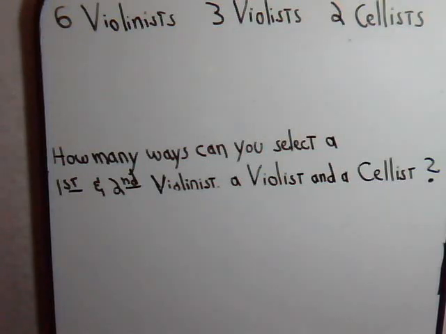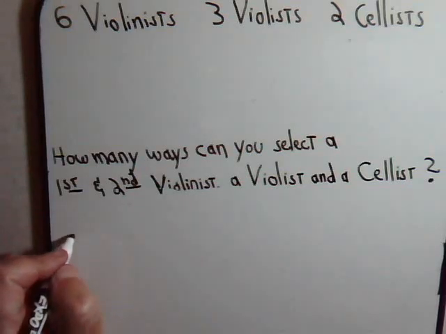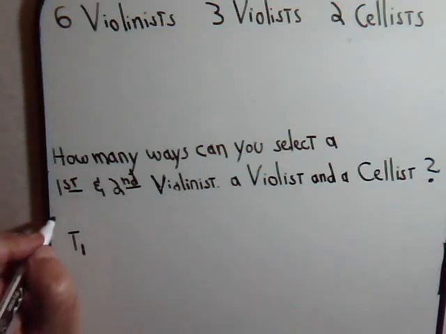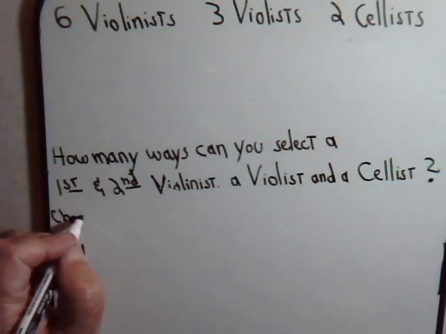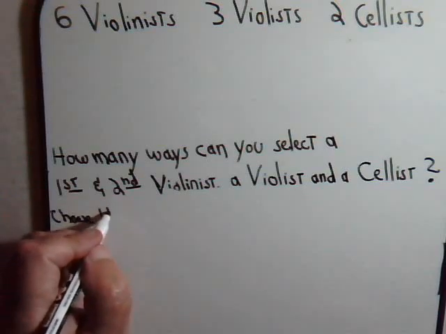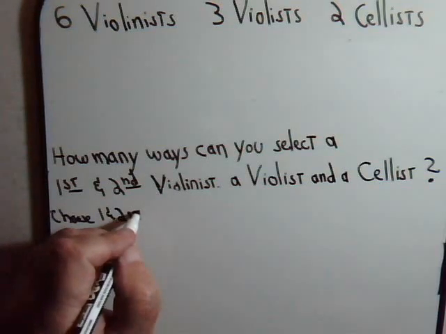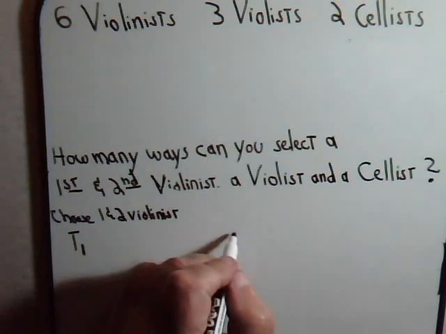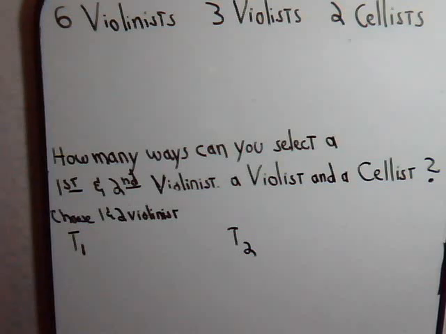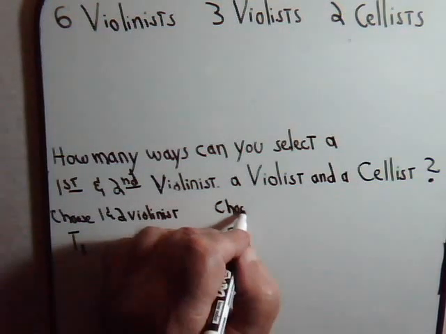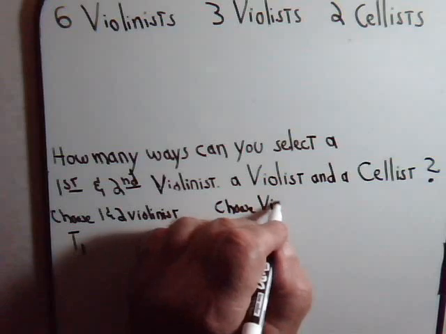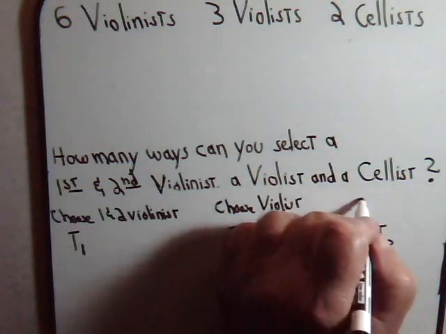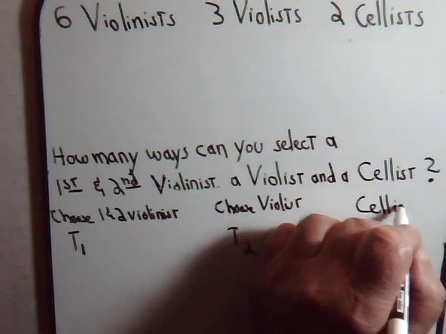So here we still have three separate tasks. Task T1, choose first and second violinist. Task T2, choose a violist. And task T3, choose the cellist.